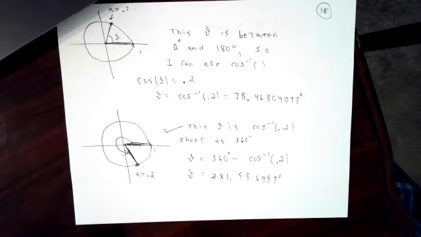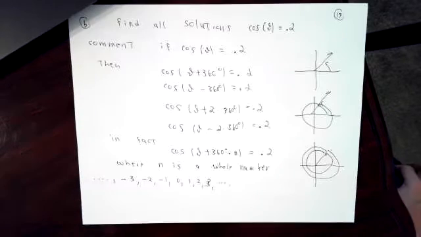So we actually have found both of the two angles in the range 0 to 360 that will give cosine of that angle equal 0.2. The second question was, find all real number solutions of cosine theta equal to 0.2.